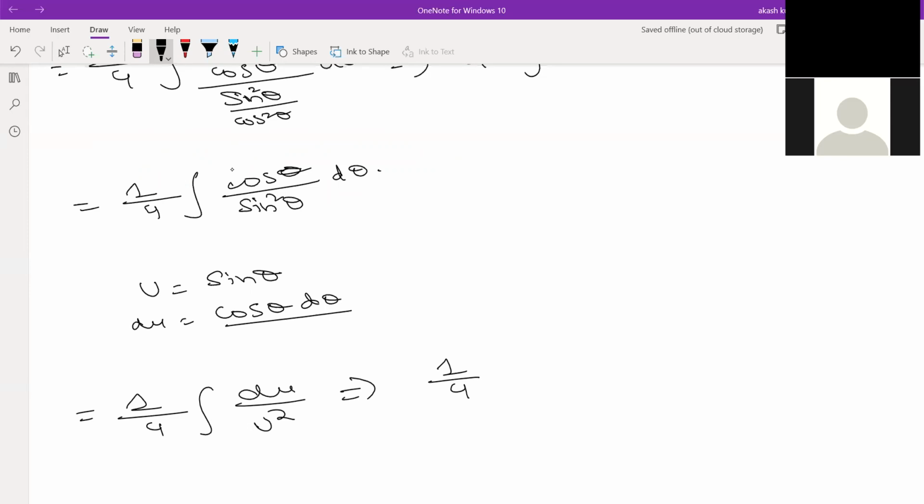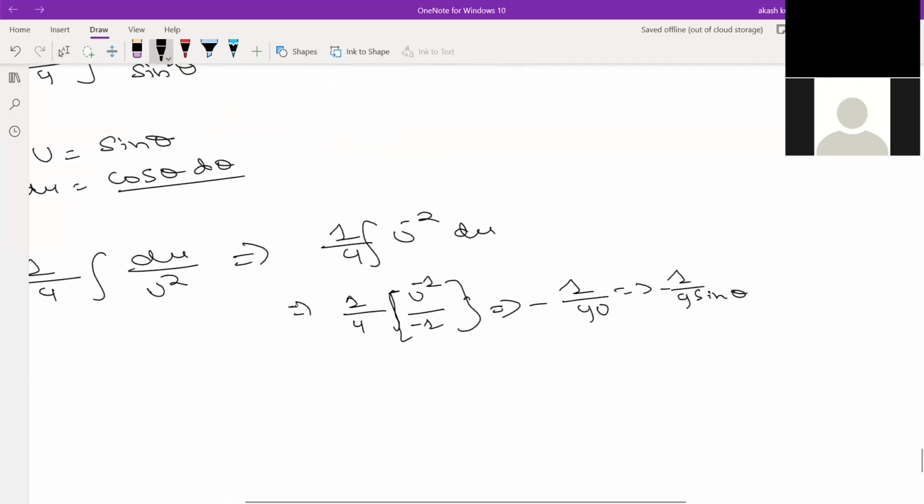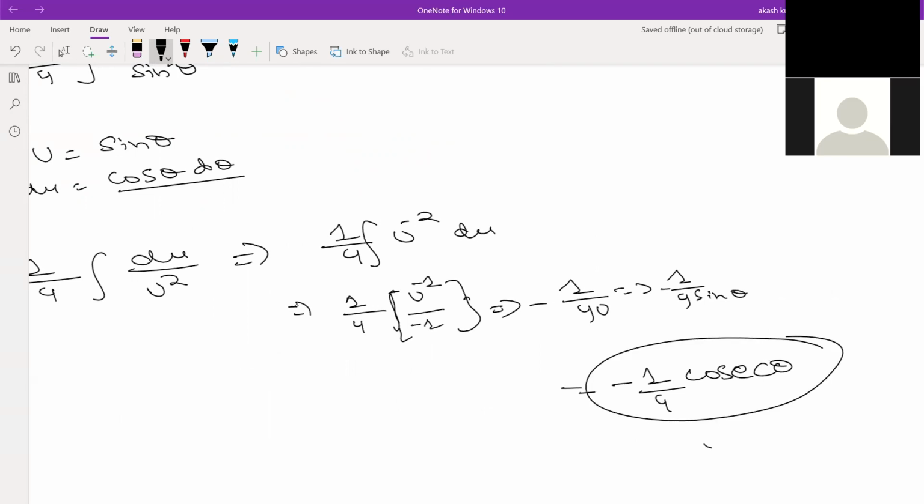The integral of u to the power minus 2 becomes, adding 1 to the power, u to the power minus 1 divided by minus 1. It becomes minus 1 over 4 u, and my u is sine theta. So 1 over sine theta is cosec theta. There will, of course, be a plus integration constant. So this is the answer.